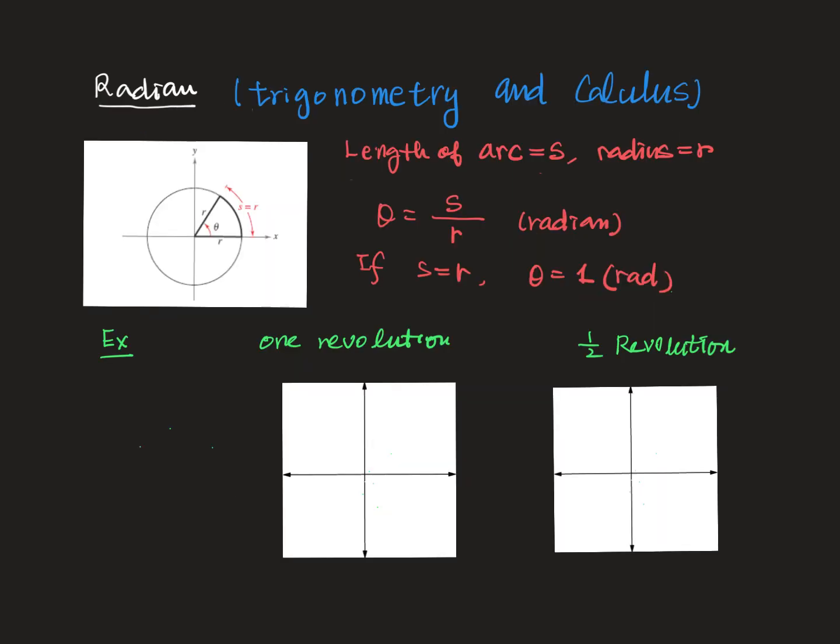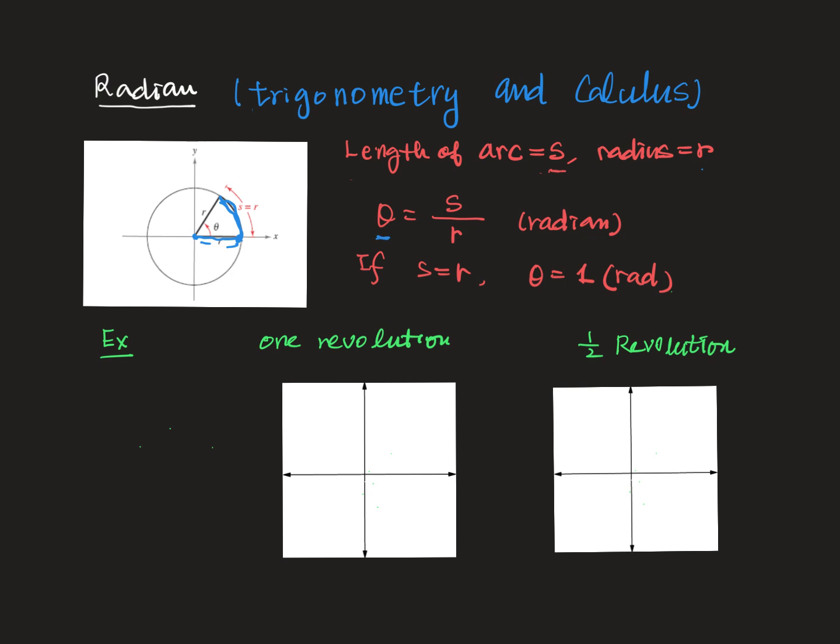Another way to measure an angle is the radian. Radian is a better measurement for trigonometry and calculus. So how do we define the radian? We're talking about the length of an arc. This is the length of the arc, and the radius is r. The radius goes from the center to here.